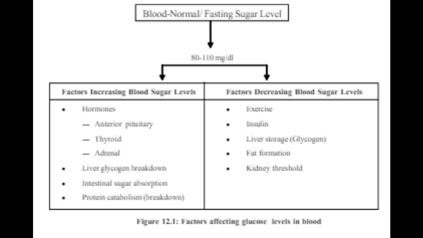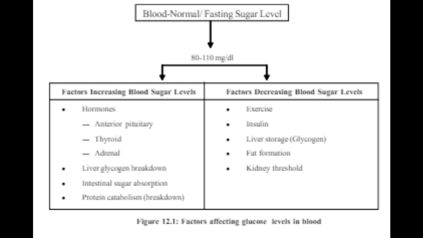So we have learned that insufficient production of insulin or insulin resistance can cause diabetes, commonly known as primary diabetes. Factors that increase sugar levels like hormones, intestinal disorders, diseases in which there is heavy breakdown of proteins, stress and trauma, dietary habits, lack of exercise, metabolic disorders, can also cause disturbances in the normal sugar levels, leading to abnormal or impaired glucose tolerance, IGT.